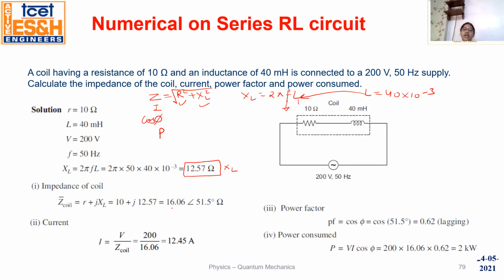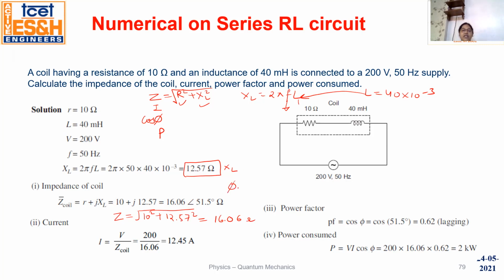So see, convert it into the polar form. How does this 16.06 come? The 16.06 comes like this: 10 square plus 12.57 square, square root, gives 16.06 ohm. You write directly here. And how can you find this angle?